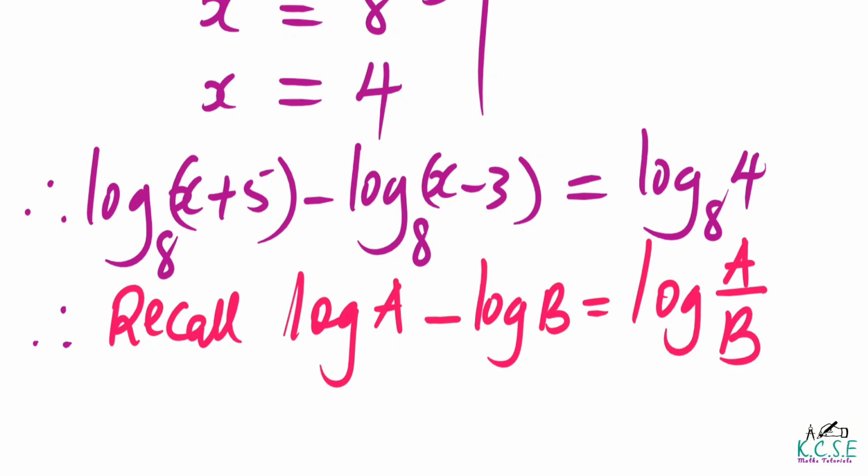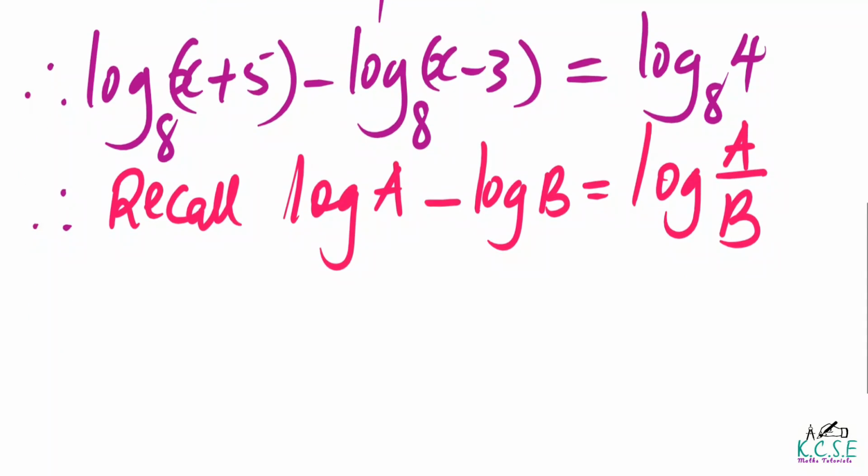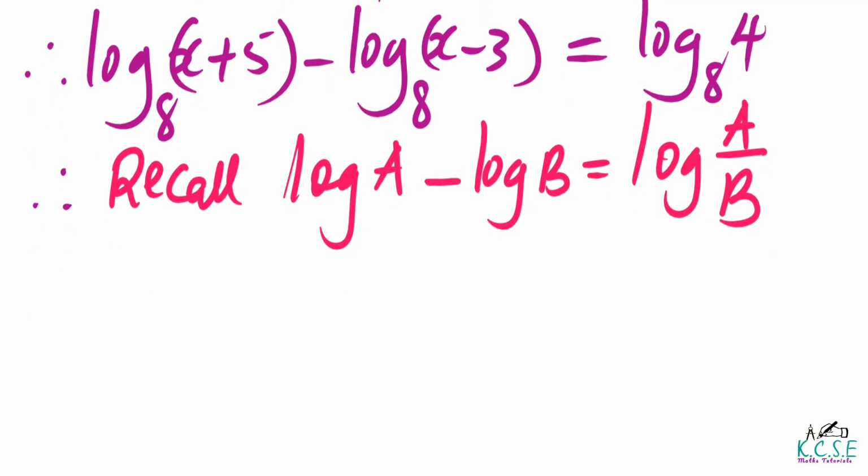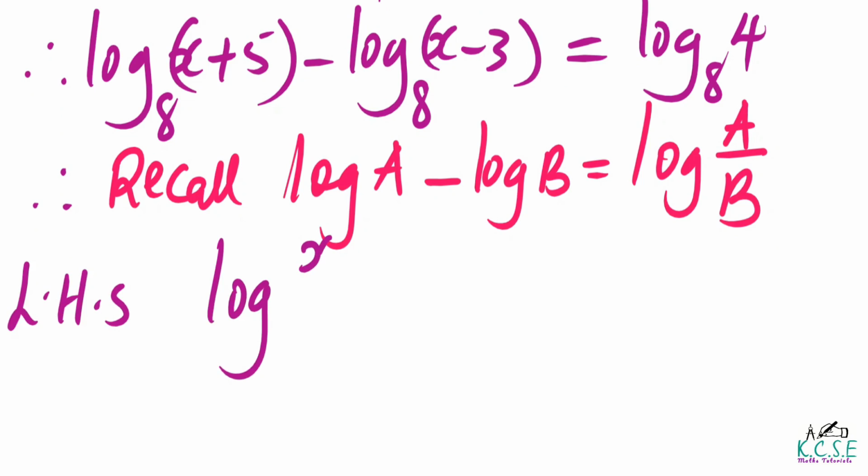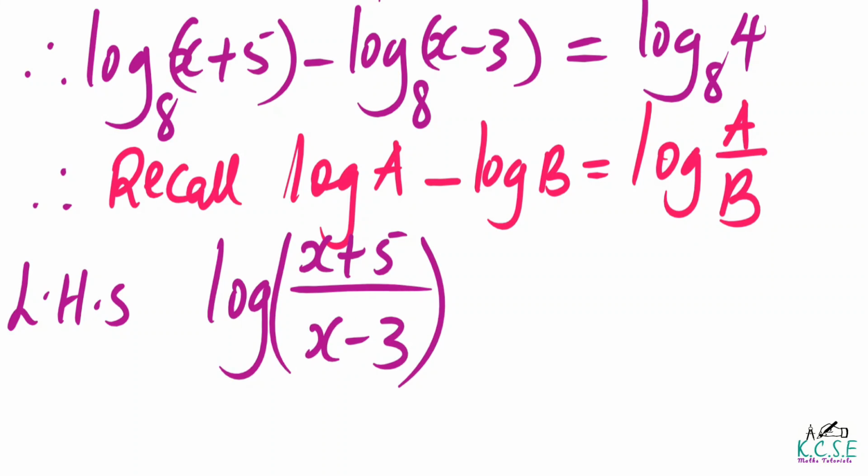So if we apply this in the question, the left hand side of this equation will be written as a single log, log of (x plus 5 divided by x minus 3), and this is equal to logarithm on the right hand side of 4 to the base of 8.